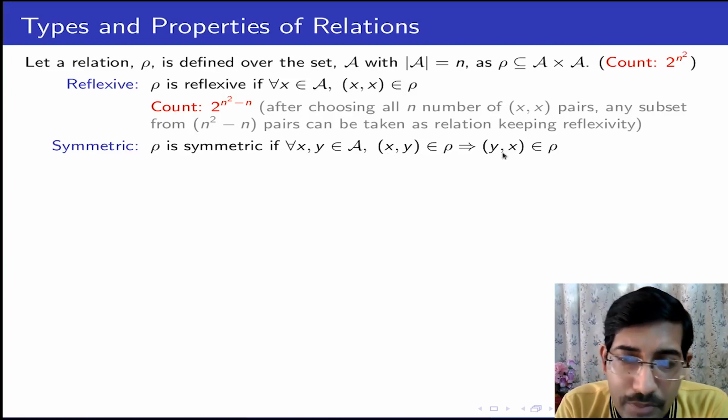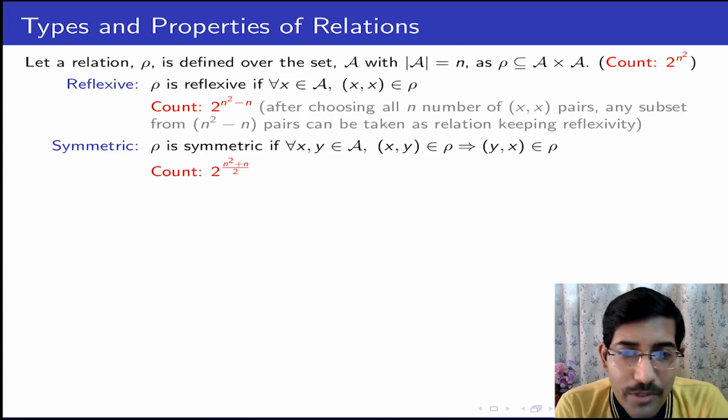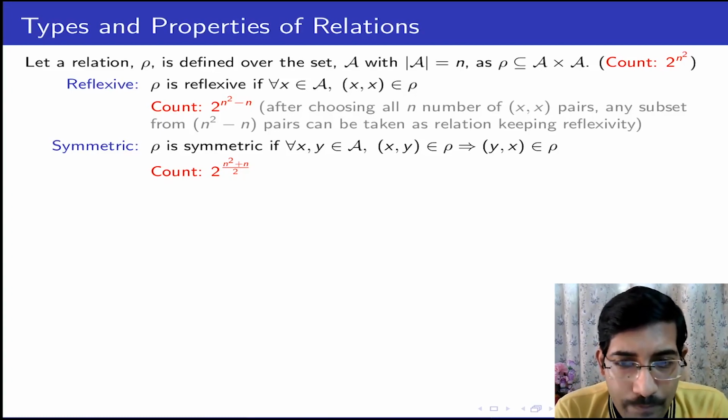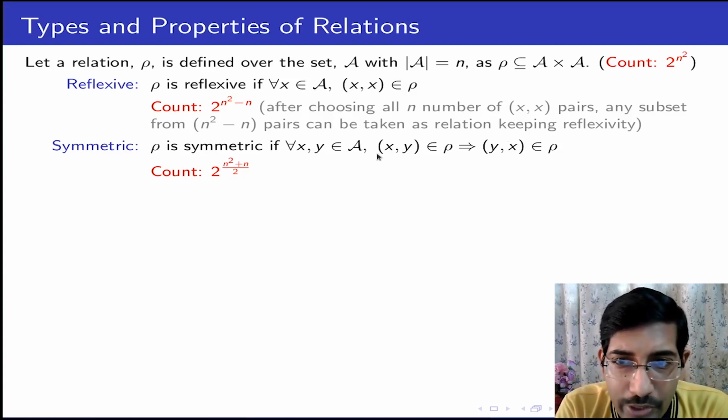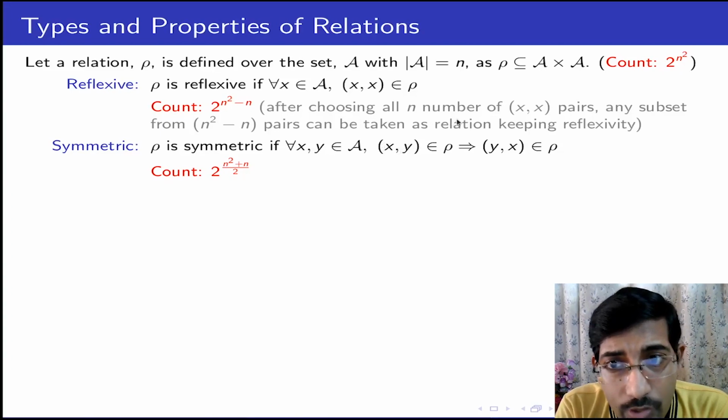How many of them are possible? Let me give you the answer, which is 2 to the power (n square plus n) by 2. See how we shall count it. First of all, there are nC2 different pairs possible where the two elements are different. In these nC2 pairs, if you take one, you have to take the other.